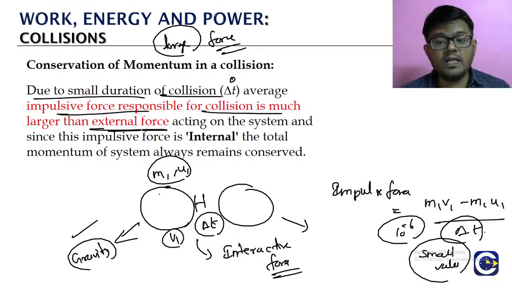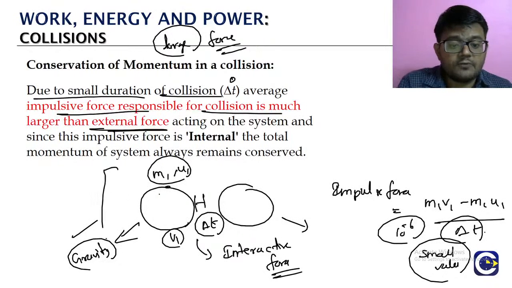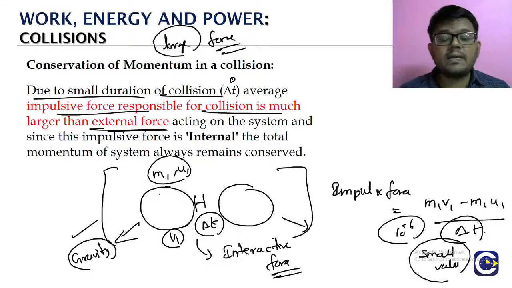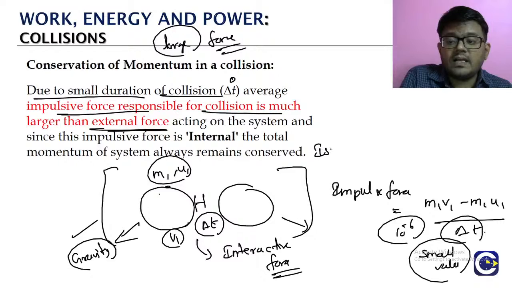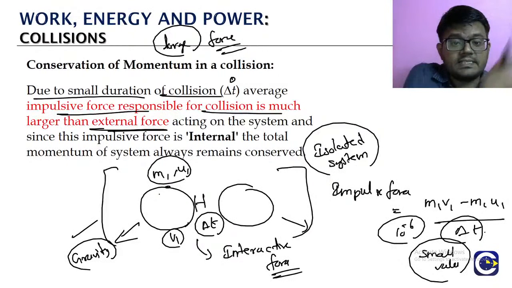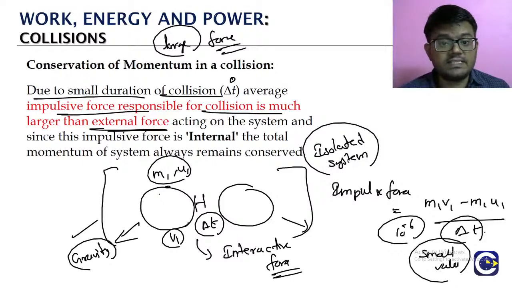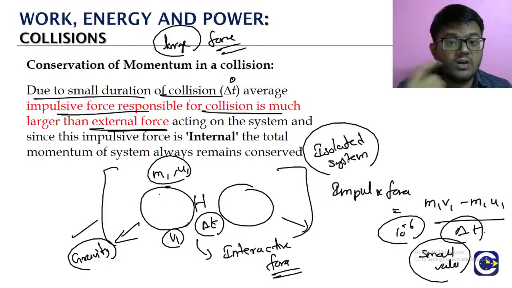And we neglect all the external forces. So what do you see? It is like an isolated system. That is the reason why, in our initial discussion, we said it's an isolated event. Why are we calling it an isolated event?